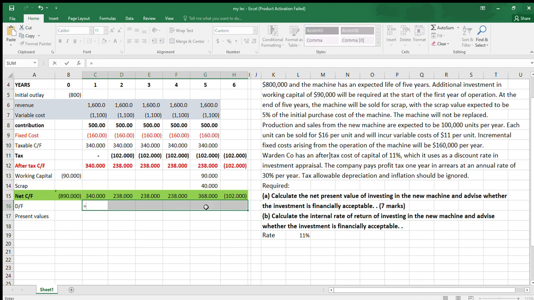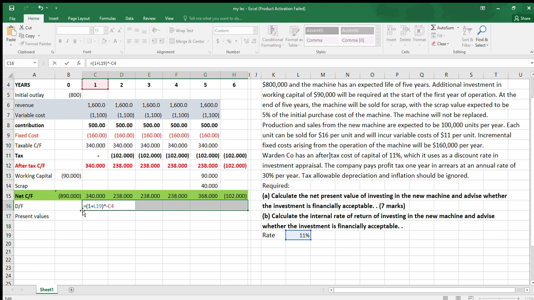So equal to your 1 plus your rate, which is 11%, bracket, exponent negative 1. But here we have to lock the 11% so that when it uses the exponent, it will use 2, 3, 4, 5, 6, but the percentage will be constant. Are you getting me?